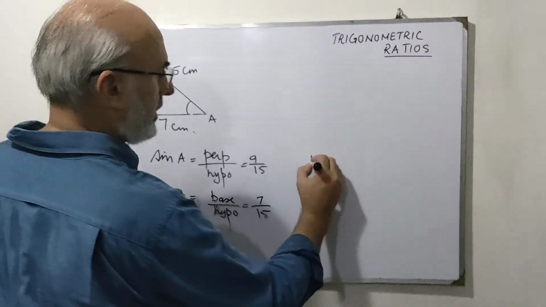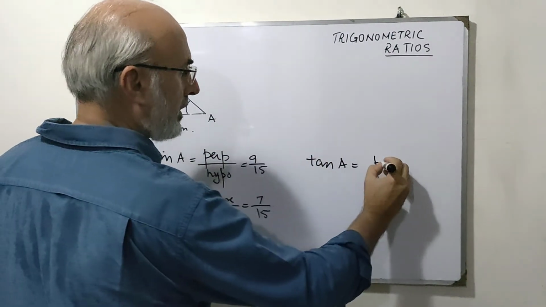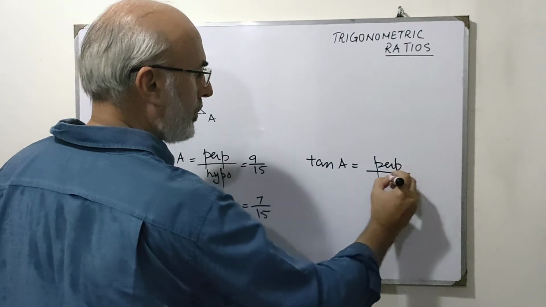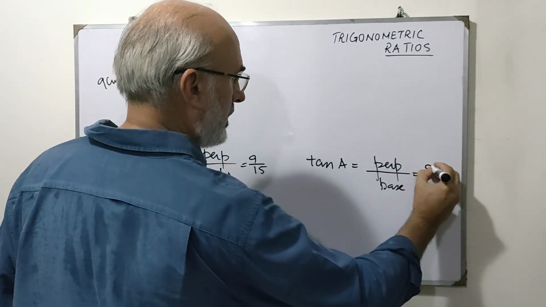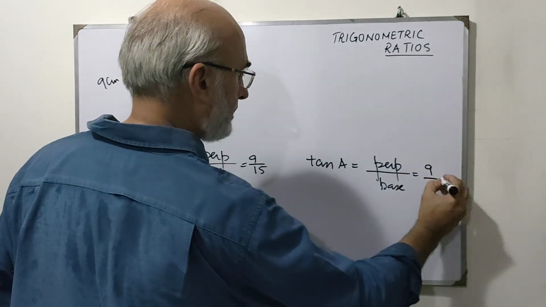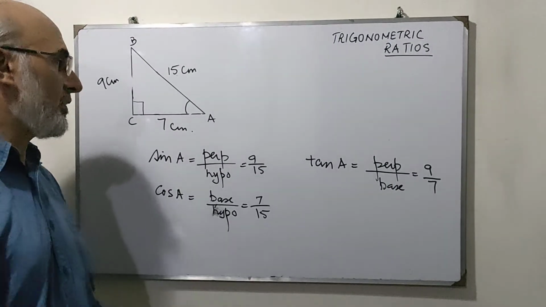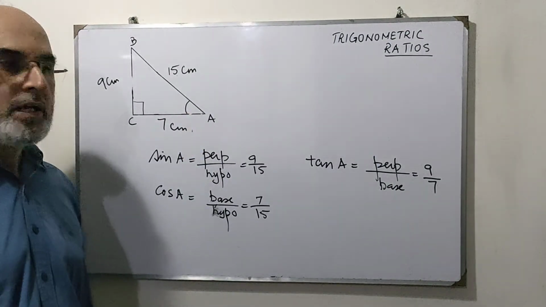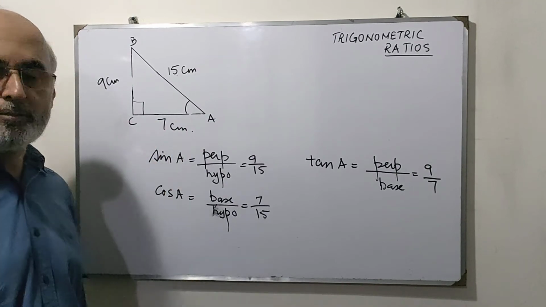And then tan A is perpendicular over base, and it is 9 over 7. So these are the ratios with reference to angle A. This is how we are going to take these ratios when the lengths are given.